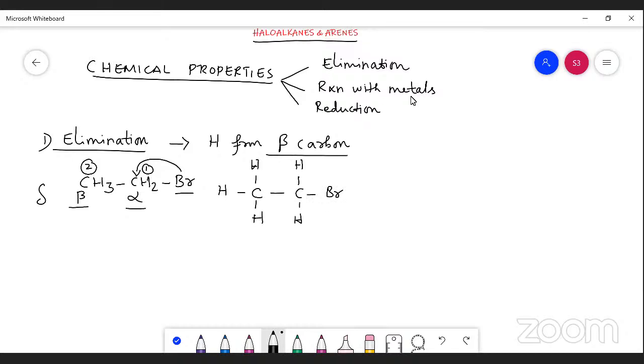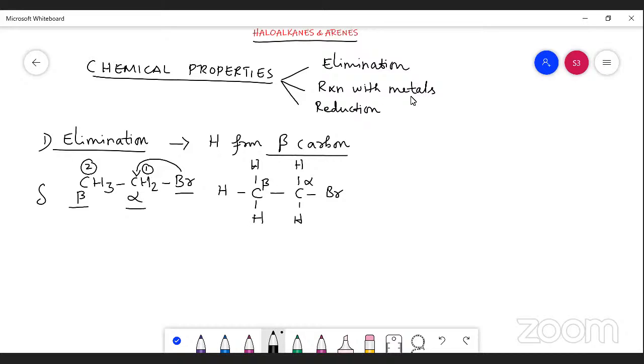Actually, this is your compound CH3CH2Br. Now what is this carbon? Alpha. And what is this carbon? Beta. Now comes the elimination.